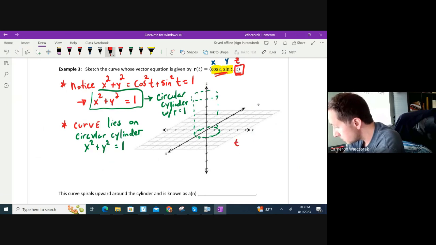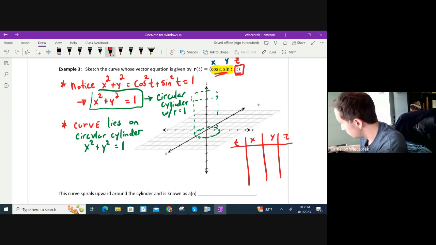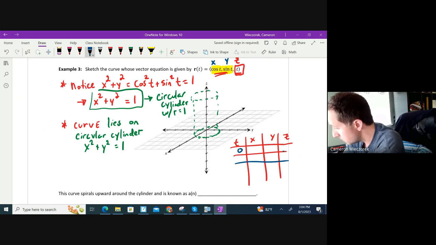So I'm going to make a t column, an x column, a y column, and a z column. Okay. Since I'm dealing with trig functions, I'm going to pick the same values I did for the plane curve we did in the last example: 0, pi over 2, pi. You can pick the pi over 4s and the pi over 6s if you want more points, but this will do the trick to give us a basic sketch. And then I'm going to put it on CalcPlot 3D so you can see it a little bit better.